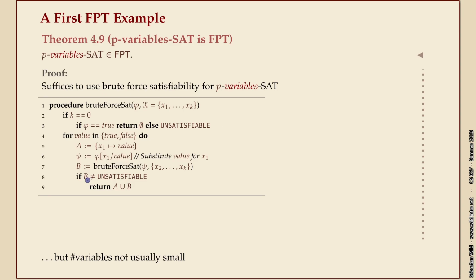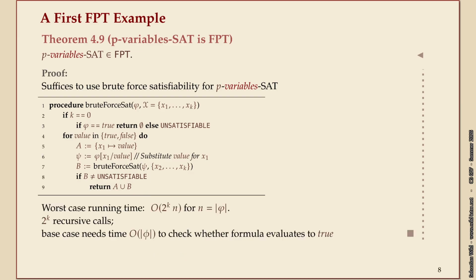And if it's the latter, then we add our assignment for x1, because it seems to have led to a satisfying assignment. That's all. Okay? I hope this is roughly what you had in mind when I earlier said we just try all possible variable assignments. You could split it and first assign all variables in one big loop, or in k nested for loops or whatever. There's different ways to write this down, but that's one rather compact way.